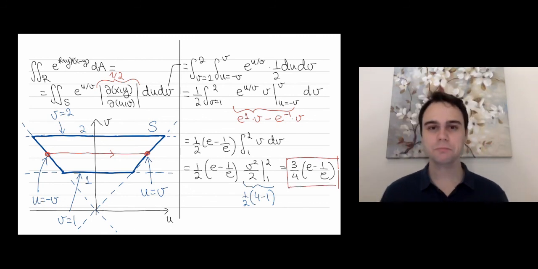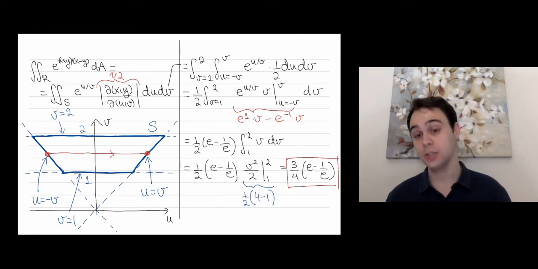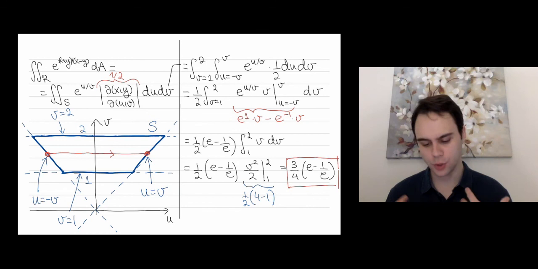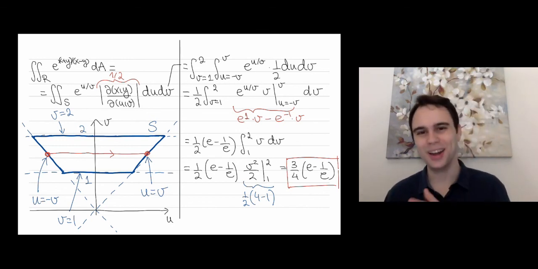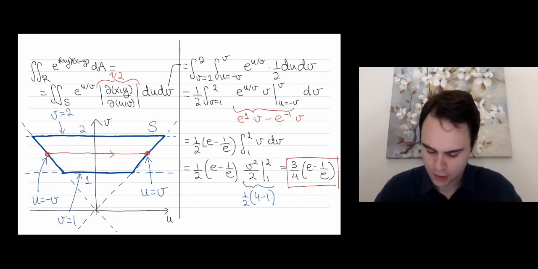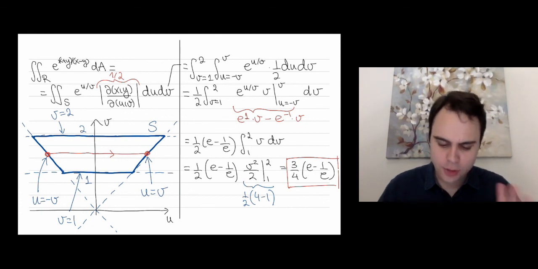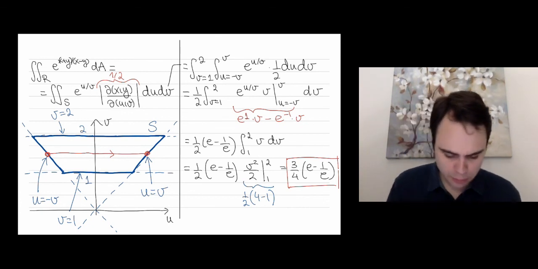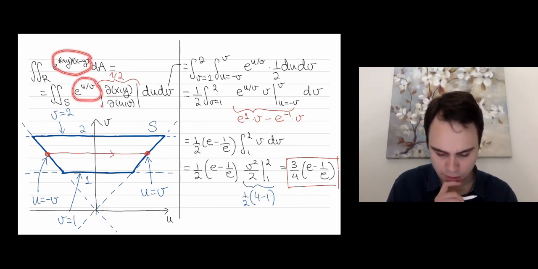So that's it. That's how you transform an integral given to you in terms of u and v to an integral in terms of x and y. That's how you change the coordinates to u and v and finish up the calculation. The coordinates u and v were good for this problem because the function became simpler in terms of u and v.